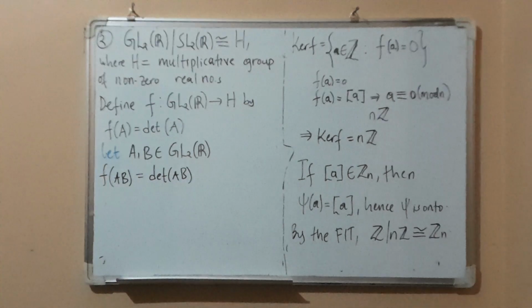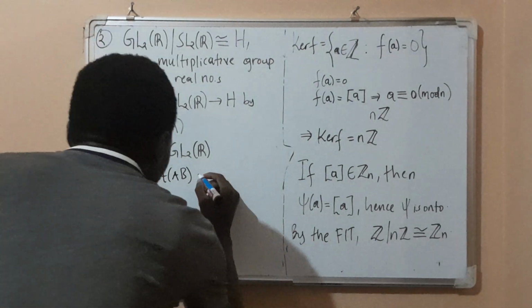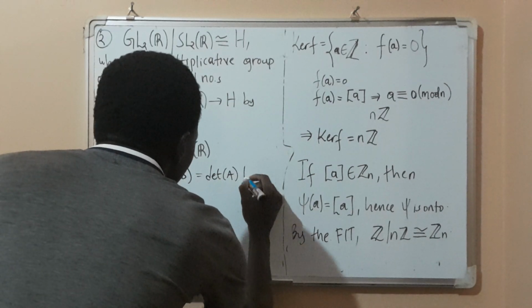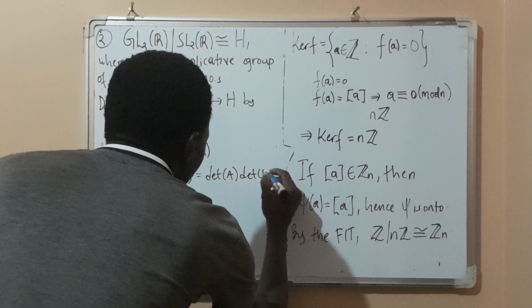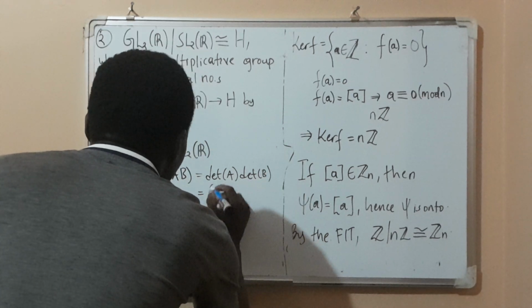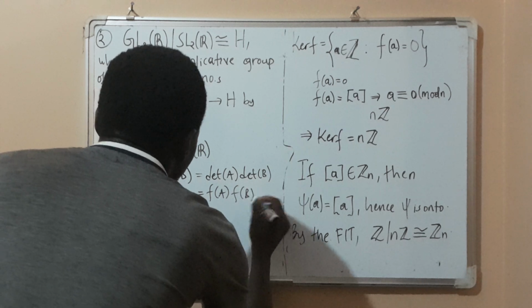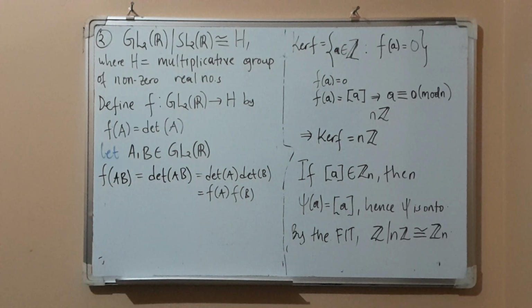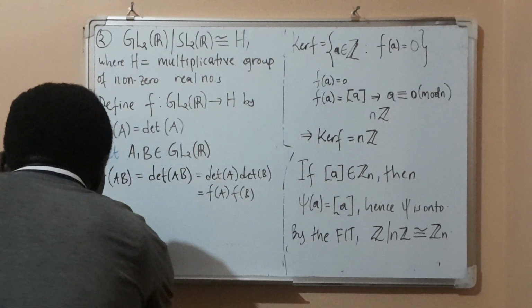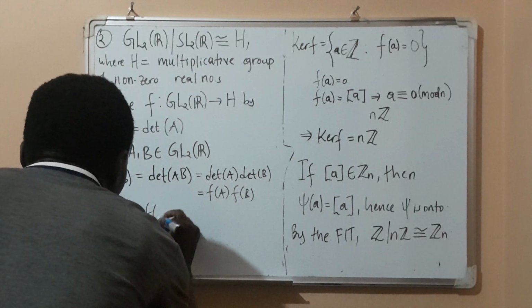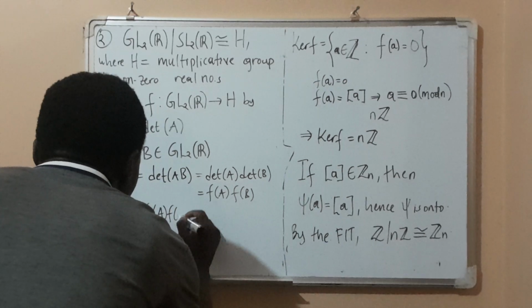And from properties of determinants, this is the same as determinant of A times determinant of B. Determinant of A is f of A, determinant of B is f of B. So F is indeed a homomorphism, since f of AB is equal to f of A times f of B.